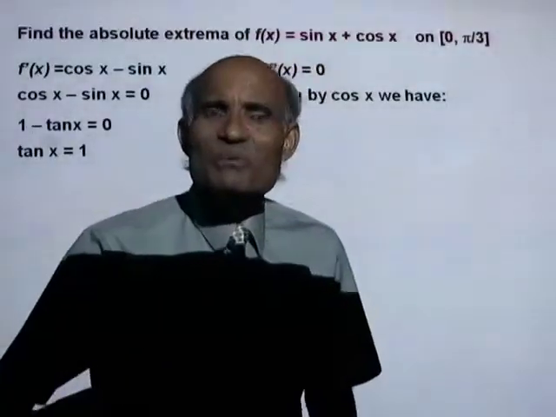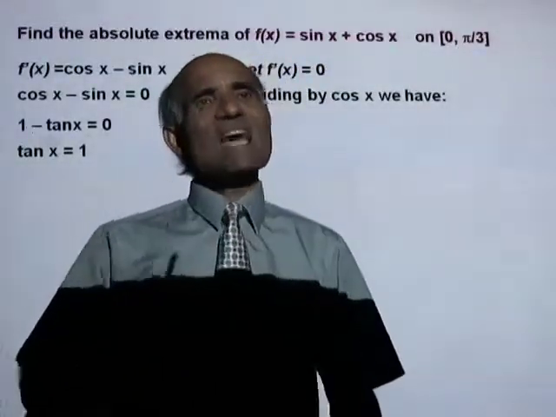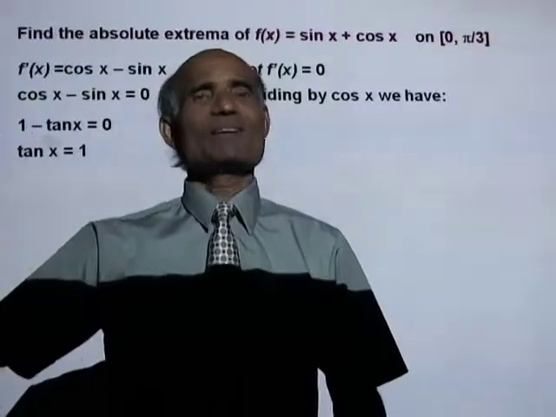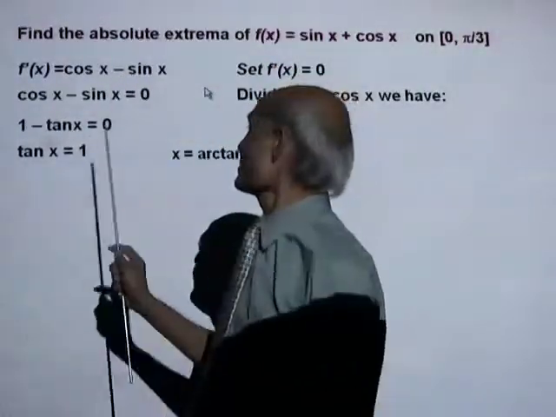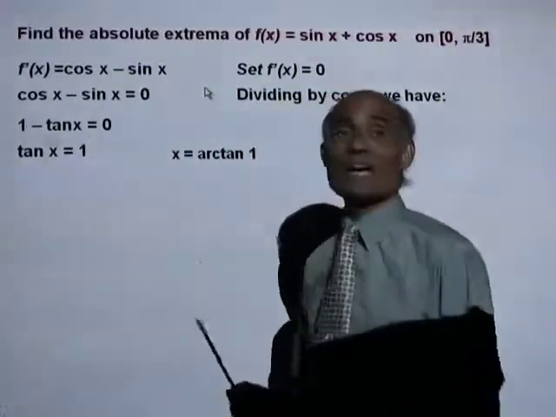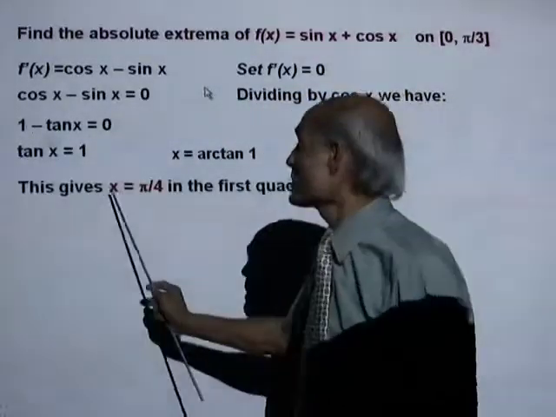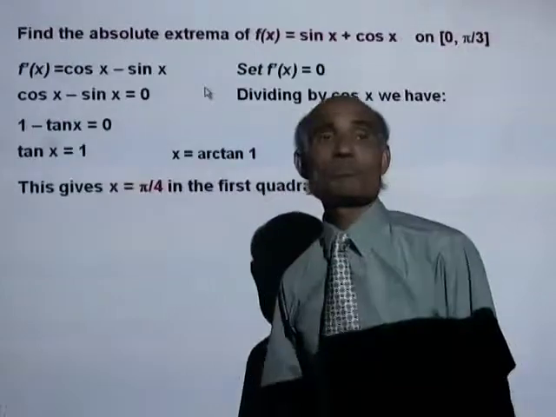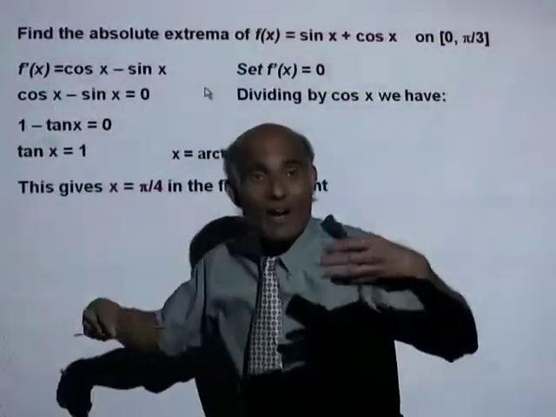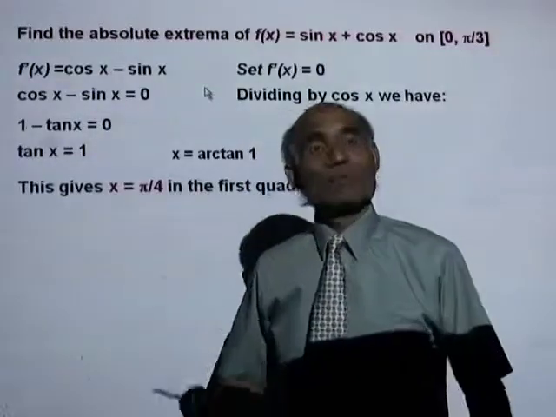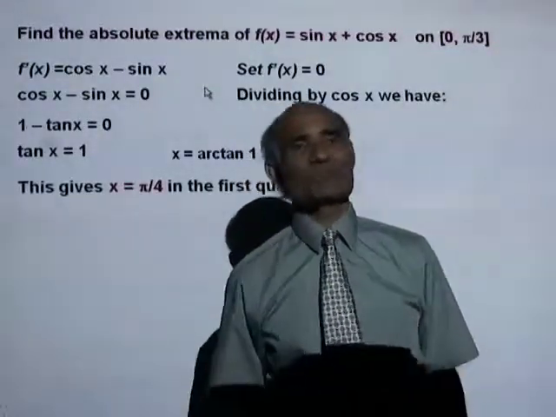If tan x equal to 1, what is x? Tan of what equal to 1? Tan of pi by 4 equal to 1. So you get x equal to arctan 1, and that gives you x equal to pi by 4. You can also solve the way I argued out earlier, where sin x equal to cos x.